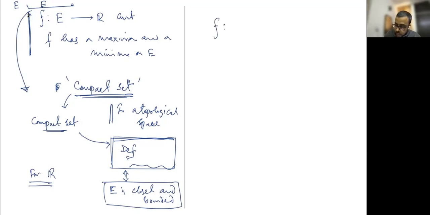So again, this is something I had remarked last time. Suppose you are defining a function from X to R, where X is a topological space. I had mentioned that you can define continuity in this setup also. The way to define that is that inverse images of open sets are open.